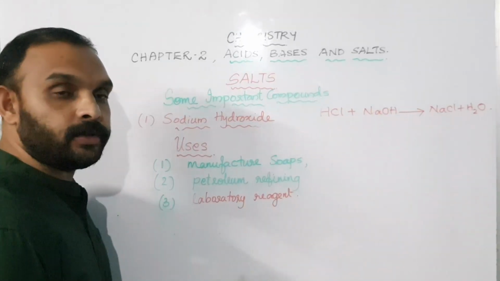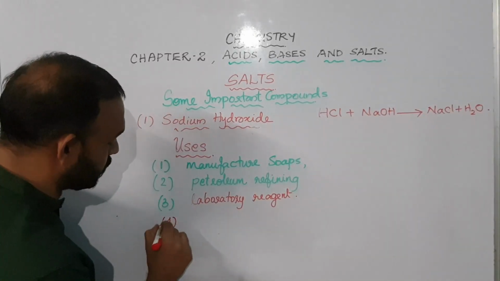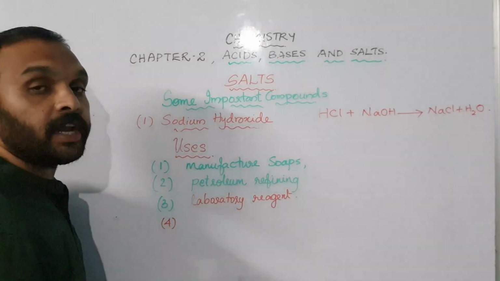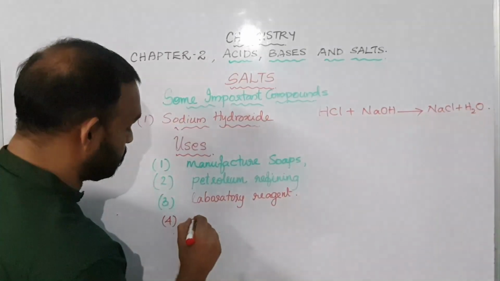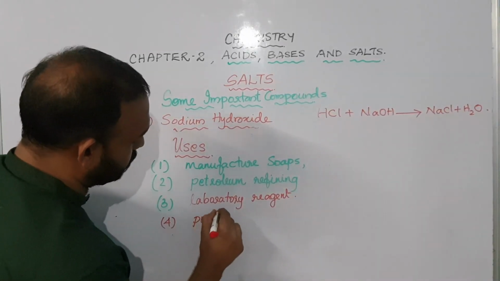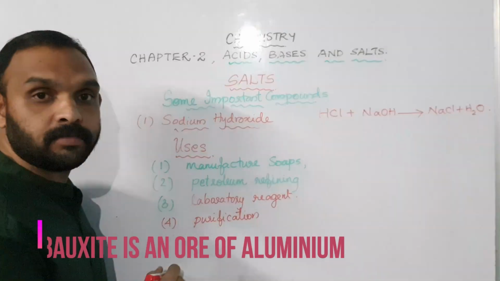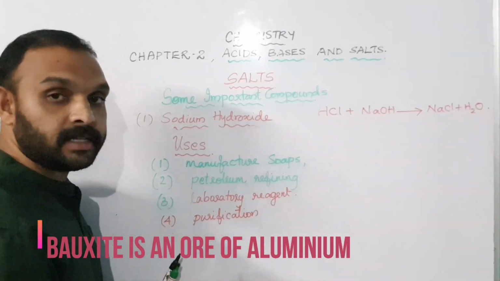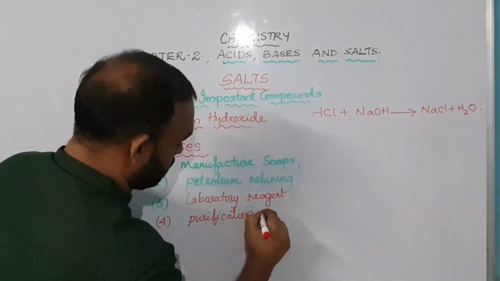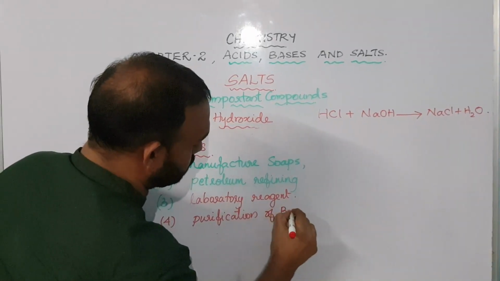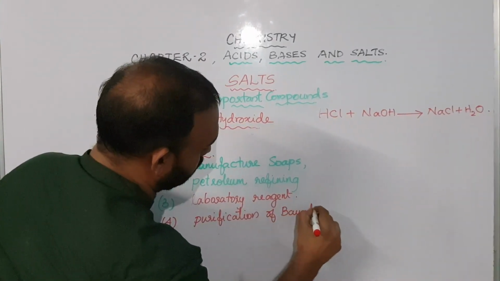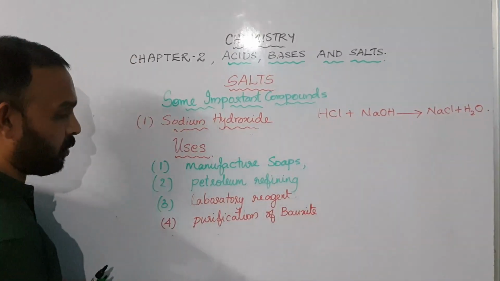Now its fourth use is, it is used in the purification of bauxite. Do you know what is bauxite? Yes, bauxite is an ore of aluminium. For purification of bauxite, we are using this compound, that is sodium hydroxide.